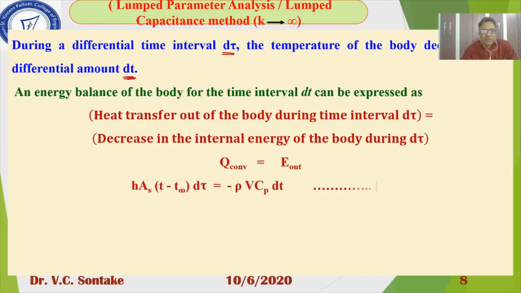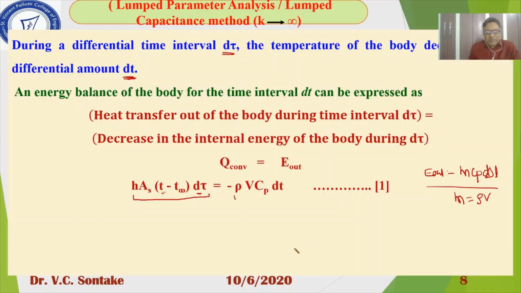Now from Newton's law of cooling, how can I calculate this rate of heat transfer? By this expression: h into As into (T minus T infinity) into d tau, that is, the time interval d tau, is equal to minus rho V Cp into dt. How did I calculate this E out? It is nothing but m Cp delta T, and mass is nothing but density rho into volume.